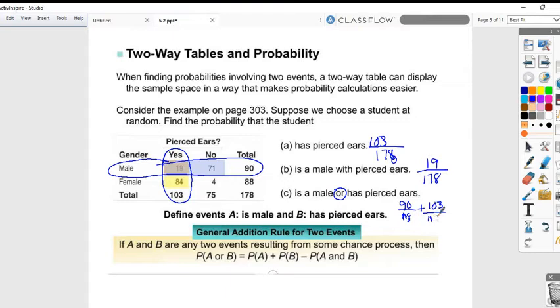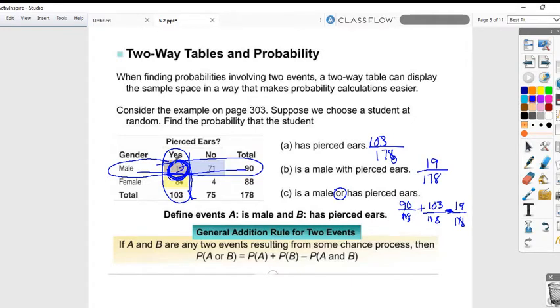And then if we look at it, we counted these two twice. We counted them both in the males and in the pierced ears. So we have to do minus 19 over 178. We have to subtract out the both, because we counted those people twice.